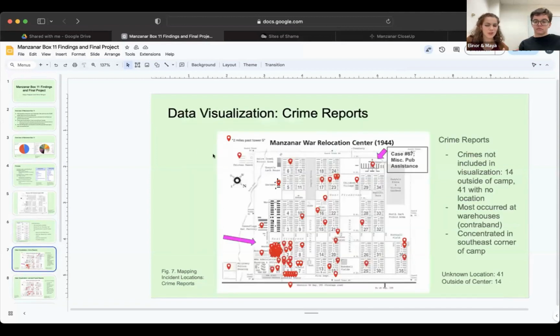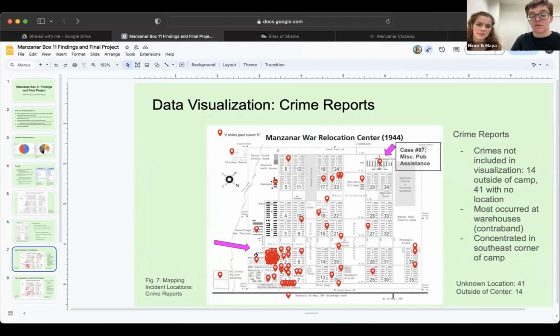So this is our first data visualization. This is the visual for the crime reports in our box. As you can see, the pink arrow here on the left is pointing out warehouse 1, or the warehouse area in general, which gets covered up by the numerous pinpoints on it.